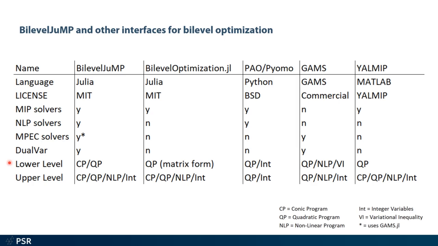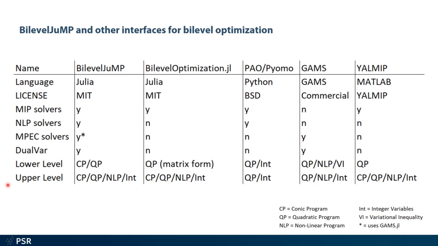BiOmo supports integer variables because it supports MIBS, a solver that allows you to solve problems with integer variables in the lower level. And GAMS uses EMP, the extended mathematical programming, so it's able to reformulate problems with the lower level, including nonlinear programs and variational inequalities.